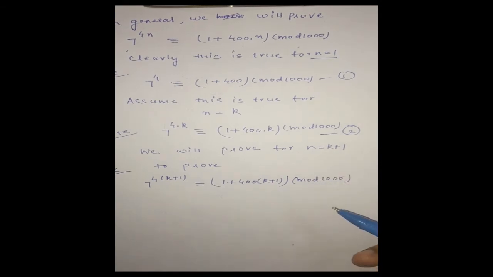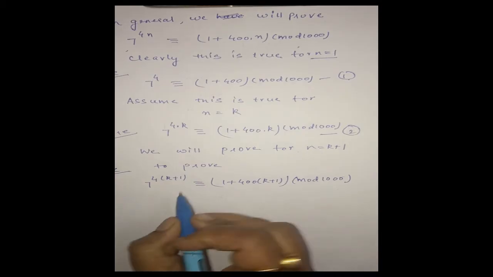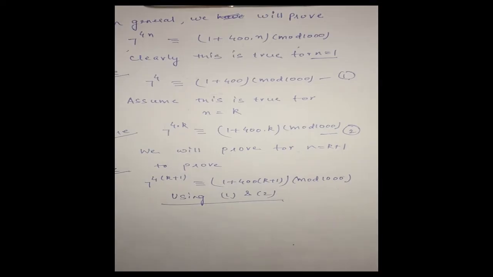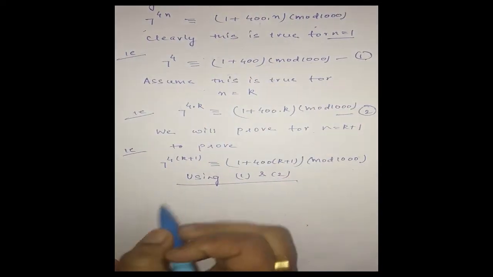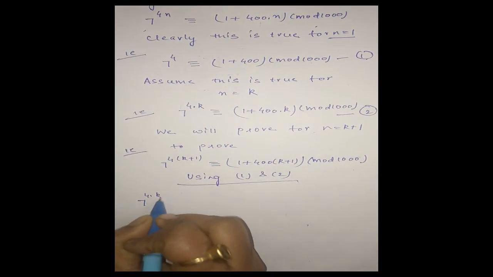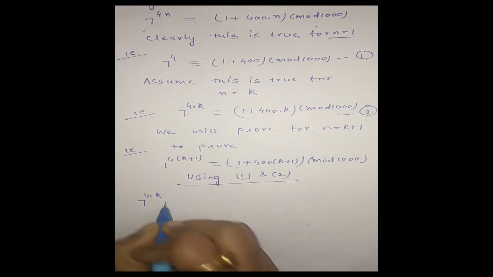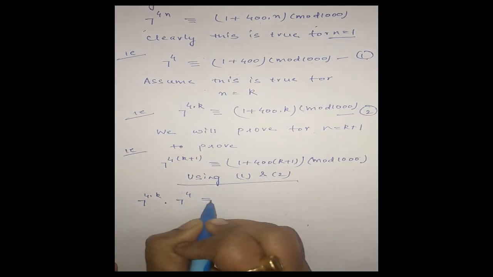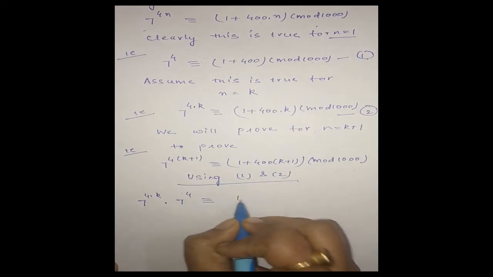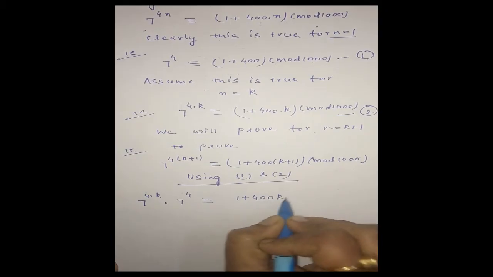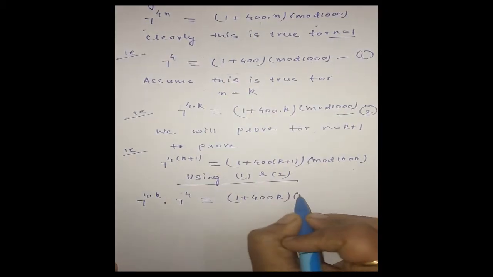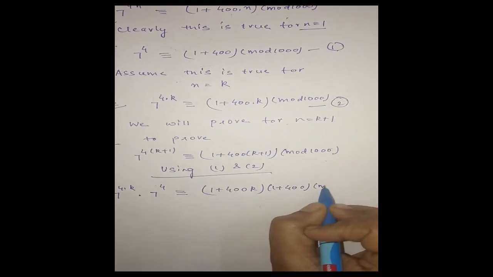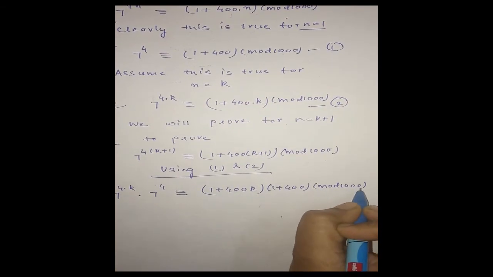We will now prove this congruence. Using 1 and 2, we can multiply: 7 power 4k into 7 power 4 is congruent to (1 plus 400k) into (1 plus 400) modulo 1000.